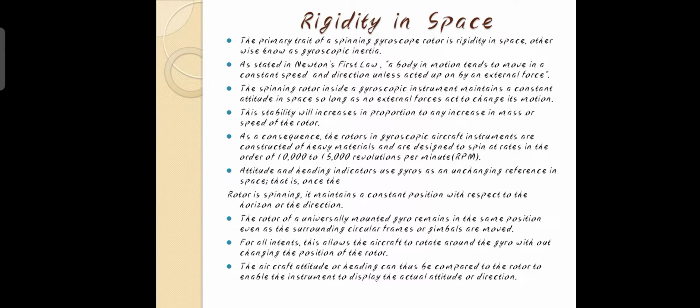For all intents, this allows the aircraft to rotate around the gyro without changing the position of the rotor. The aircraft attitude or heading can thus be compared to the rotor to enable the instrument to display the actual attitude or direction.